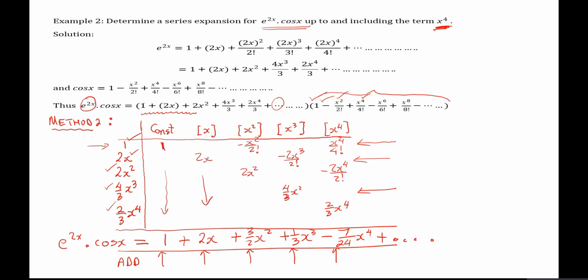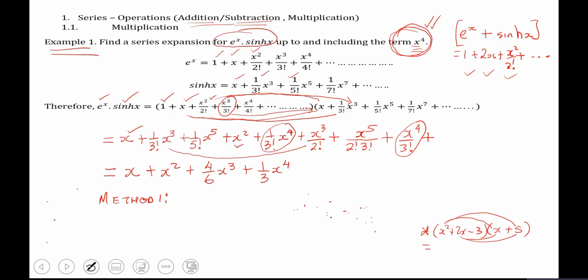Now you can use either this method or the previous method where you simply distribute, or you can find any other method that you wish. Most importantly, and I bring this to your attention, if you do get a question like this in an examination or tests, I could ask you to give the coefficient.